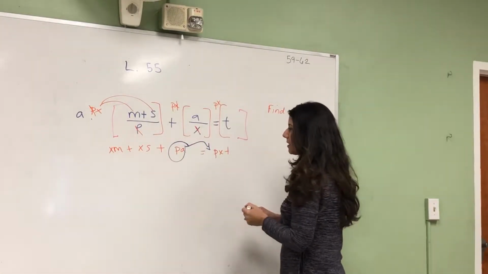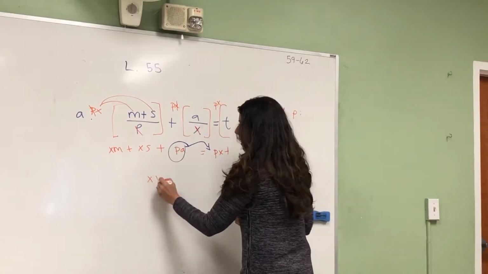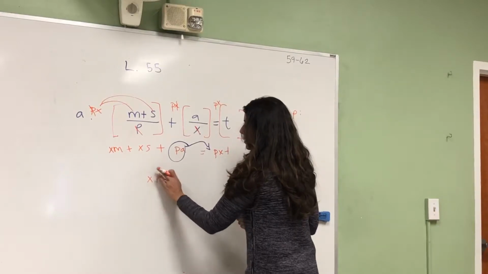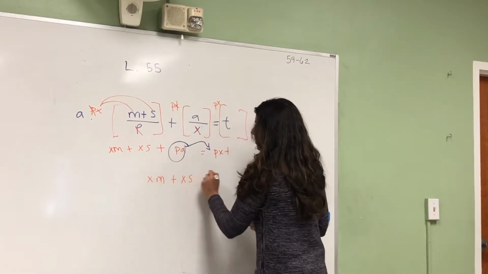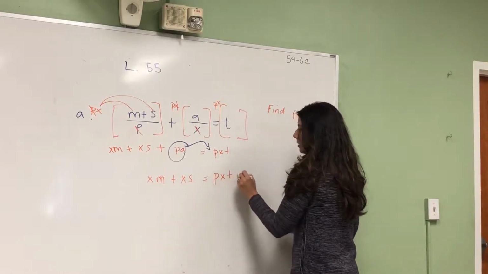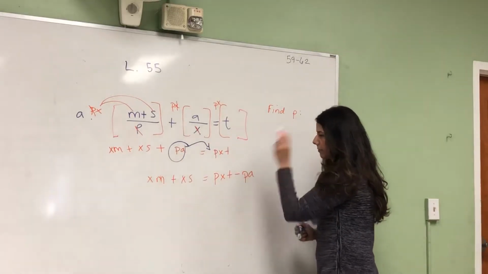And whenever we move something to the other side, we have to change the sign. So we get XM plus XS equals, let's just say PXT minus PA. We moved it to the other side and it became a negative.